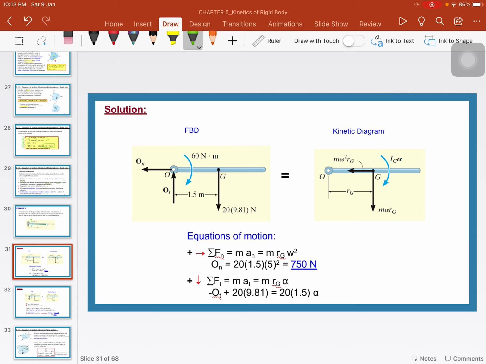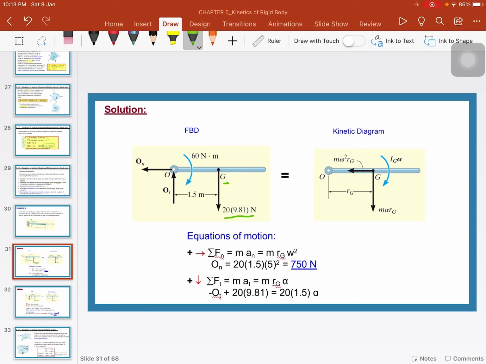Next, at point G, the center of the rod, 1.5 meter from the end, draw G and then the weight force, and also the direction of movement.